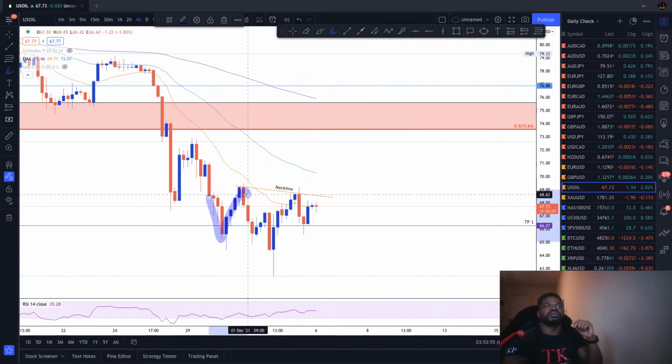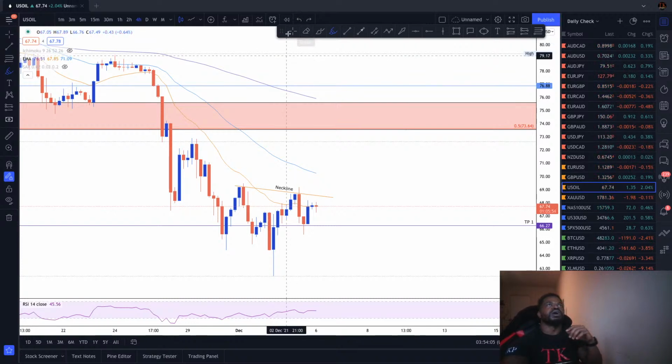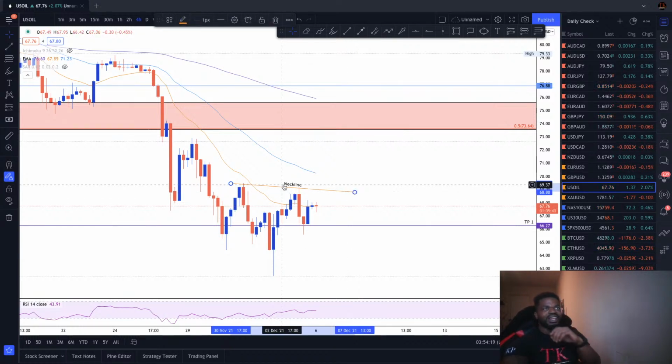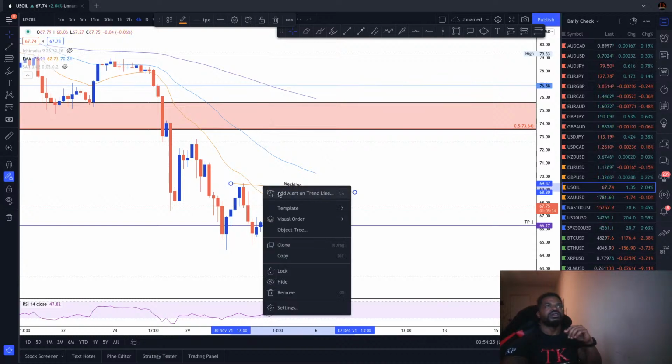Left shoulder, head, right shoulder. But we'll wait on confirmation. So from here, let's just set an alert. Matter of fact, let's respect the wicks. A lot of people don't respect the wicks, but let's respect the wicks. And we're gonna add an alert to this trend line.